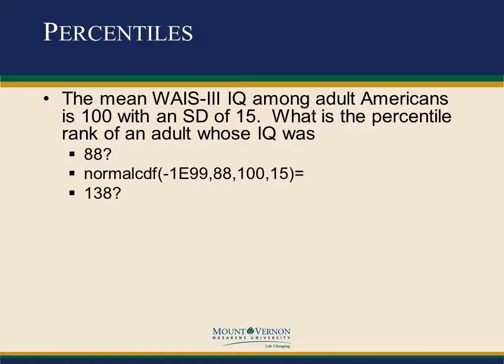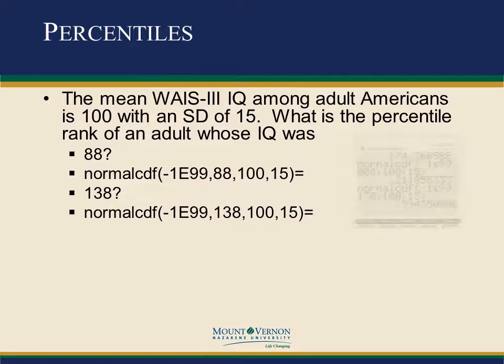If I want to find the percentile rank of an adult whose IQ was 138, I would do something similar. Normal CDF, small number, which might as well be 0. Then 138, which will be the right endpoint of that interval. 100 for the mean, standard deviation of 15.